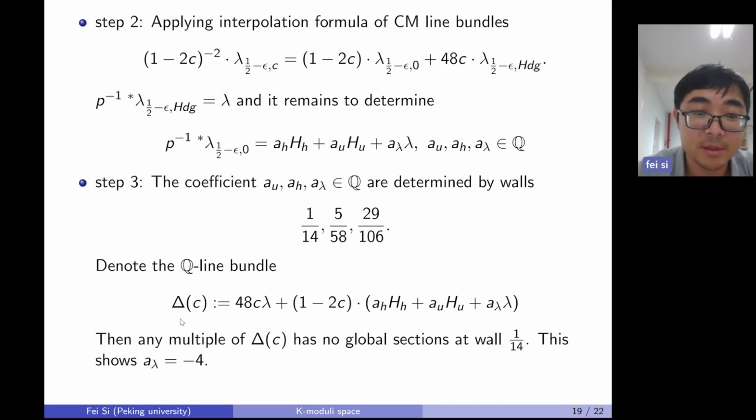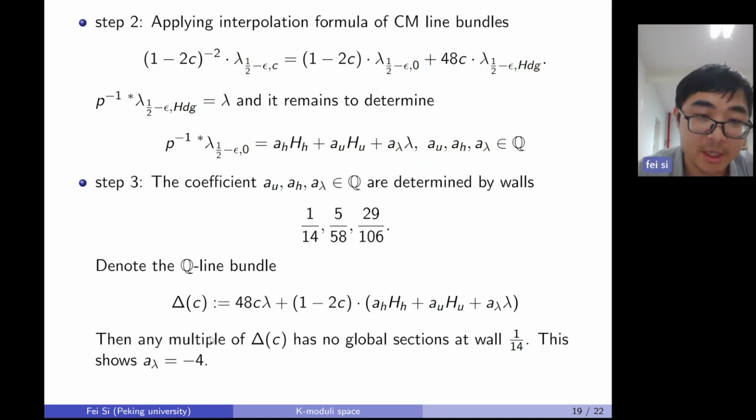The first coefficient we can determine is the coefficient of this Hodge line bundle. Because we have known that our moduli space is empty before 1/14, this line bundle will have no global sections.